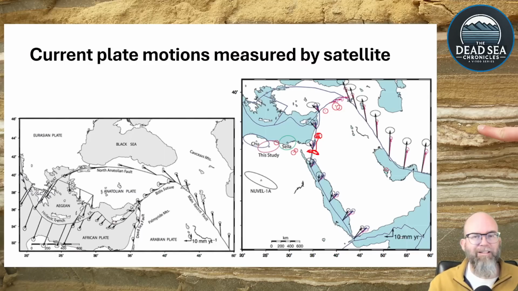Because if you date the magma with radiometric means, and you get a value that says, hey, this is 5 million years old, what does it tell you? It tells you that 5 million years ago, the rock on this side and the rock on this side were right next to each other. Today, they're 60 kilometers apart.